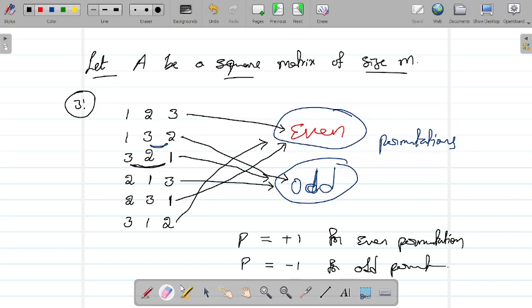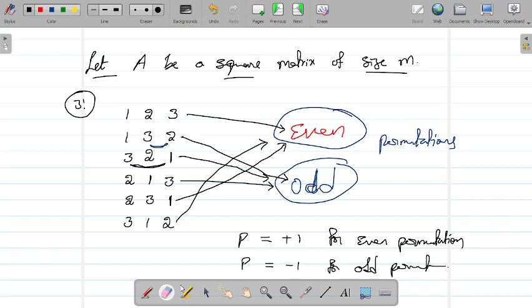Now, this element came from the third column of A. And is there any other element from the third column of A in that product? No other element.